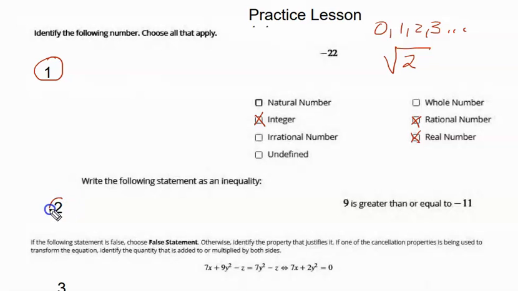Now in example 2, we're asked to write this in algebraic terms. So 9 is greater than, so it would be this, or equal to, we have to add that, to negative 11.